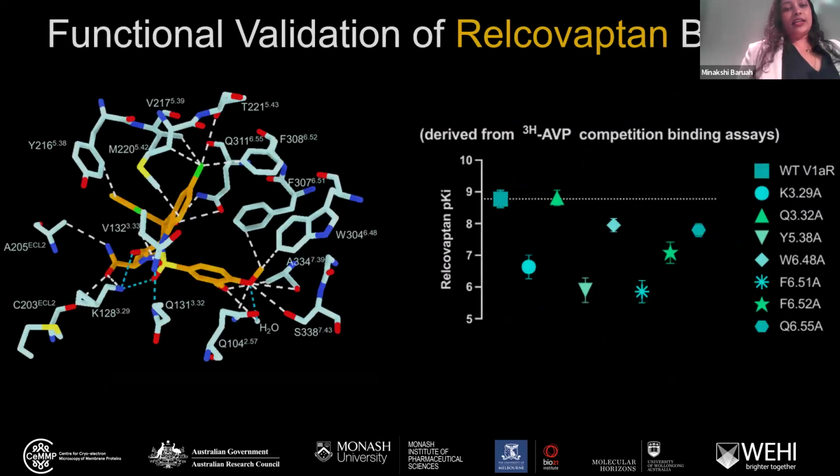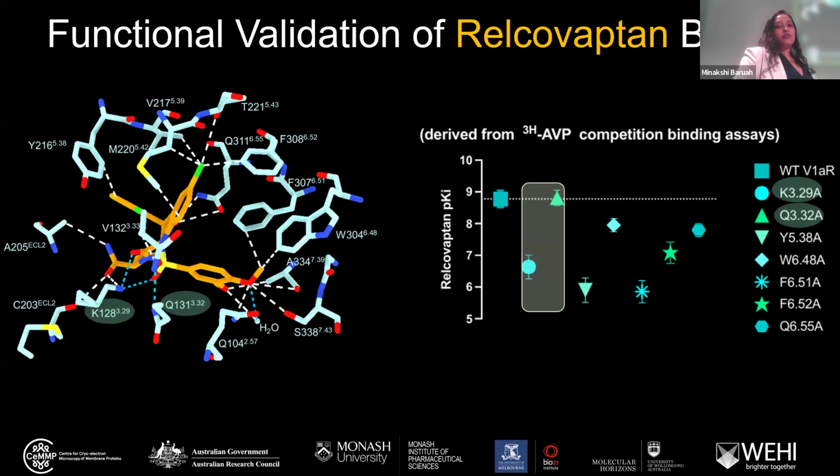Now, to validate these interactions, we tested them in mutation assays. On the left, I'm showing the binding pose of vasopressin within the V1AR binding pocket, and as I mentioned, vasopressin interacts with certain key residues. On the right is the mutation data from a binding assay. Some of the residues, such as lysine 128 and glutamine 131, both make hydrogen bonds with the compound.